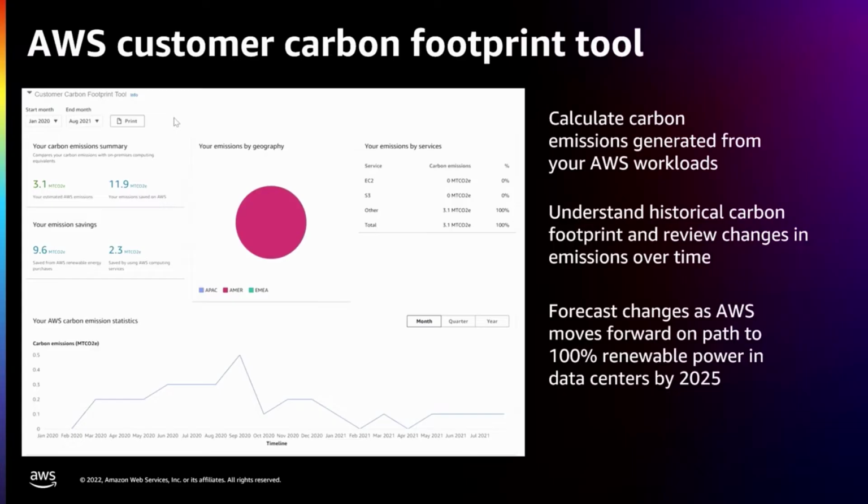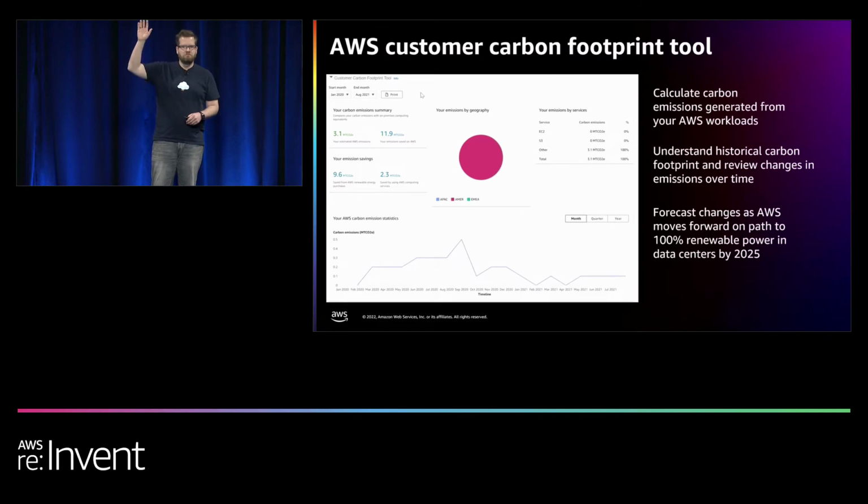For the carbon emissions, the individual result for your applications and your accounts can be measured and seen in the emission estimate in the AWS Customer Carbon Footprint tool. Who is using that tool already? Quite a few. Okay, you should take a look at it. It's available in every account.